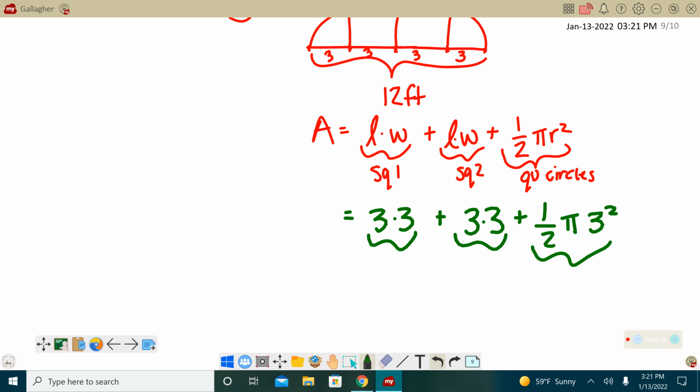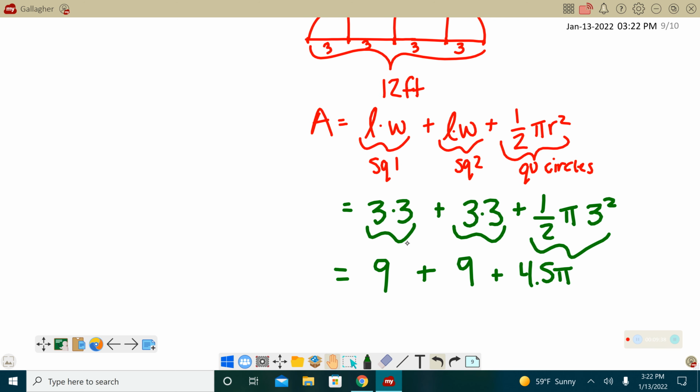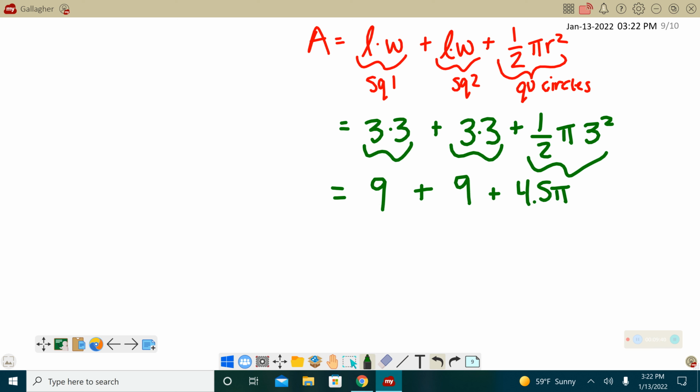3 times 3 is 9. And again, 3 squared is 9, and half of that is 4 and a half. And then we also have that pi multiplied in. Alright, when you use the pi button on your calculator, you'll type in 4.5 times and then choose that pi button. You get a number that's approximately 14.14.